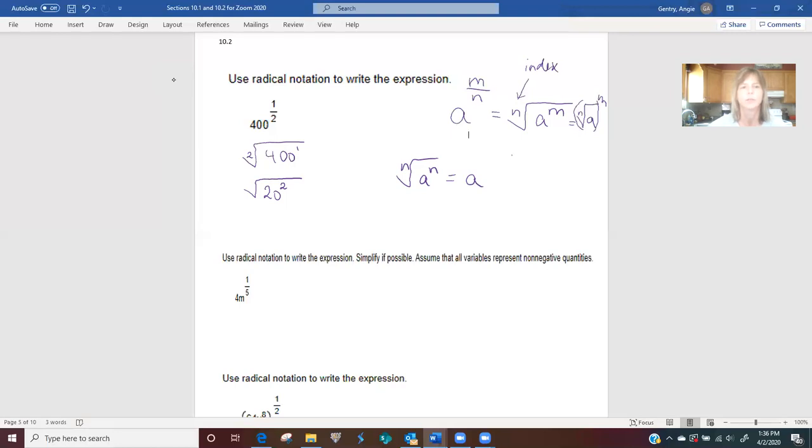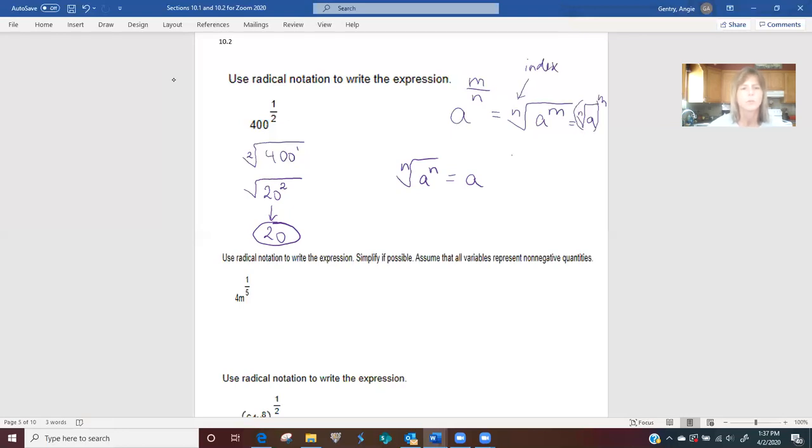The index is a 2 and my exponent is a 2. So this simply means the 20 comes out. Or you could just say the square root of 400 is 20. However, I like to use this same reasoning because when you have variables, you can't just use your calculator.